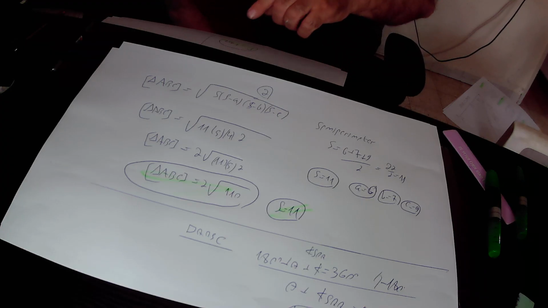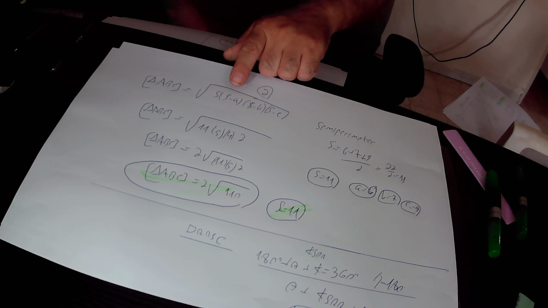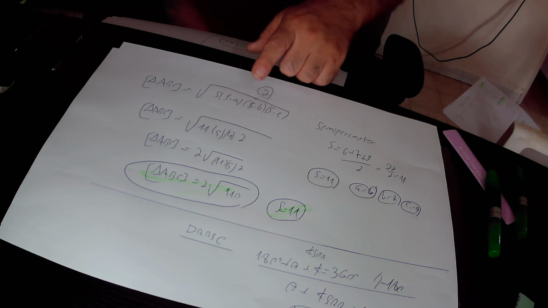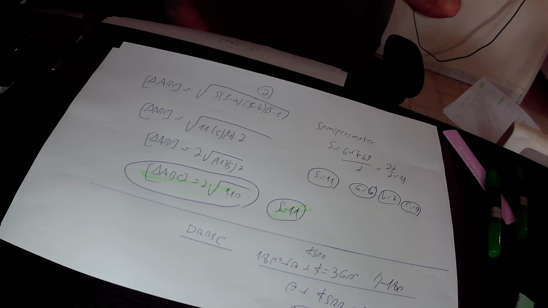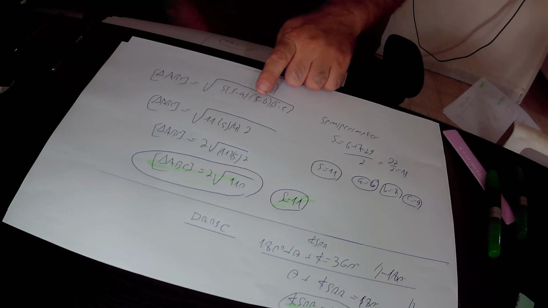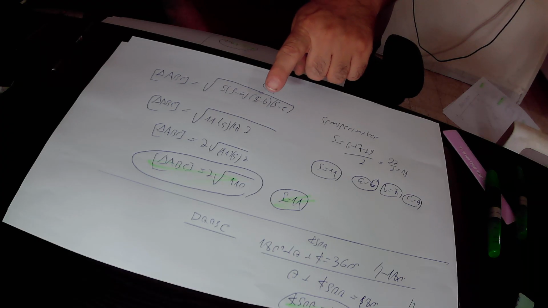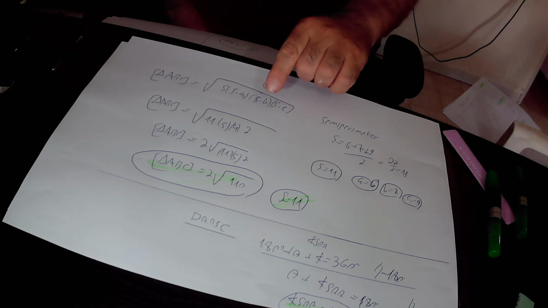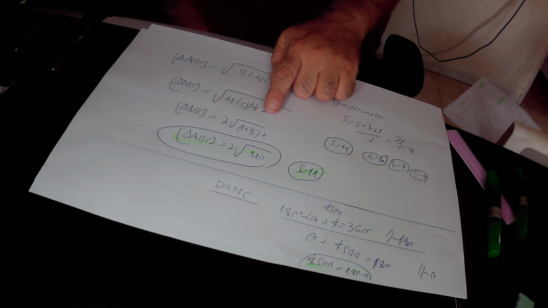So the area of triangle ABC equals the square root of 11 times 5 times 4 times 2. The square root of 4 is 2, so we take 4 out of this root and get 2 times the square root of 11 times 5 times 2. 11 times 5 is 55, 55 times 2 is 110.